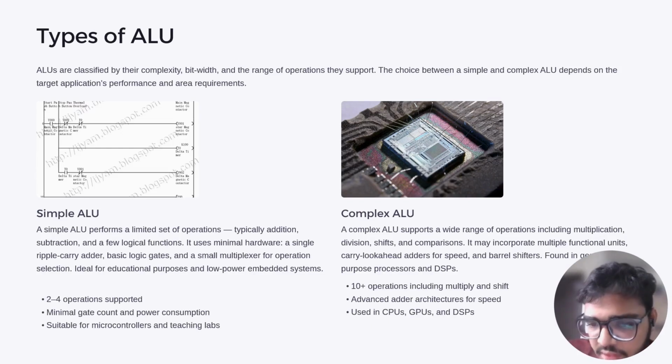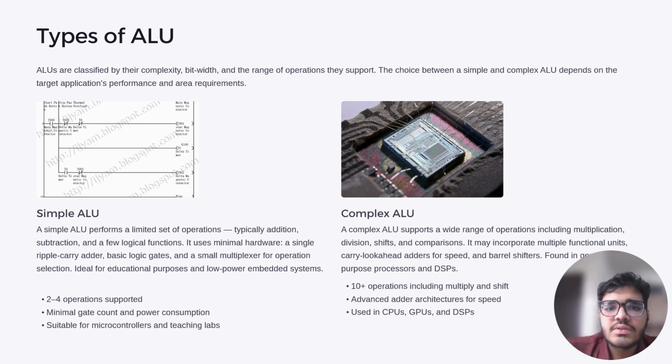Types of ALUs. There are mainly two types of ALUs, simple and complex. A simple ALU has a limited number of operations and uses minimal hardware. It is commonly used in microcontrollers and educational systems.